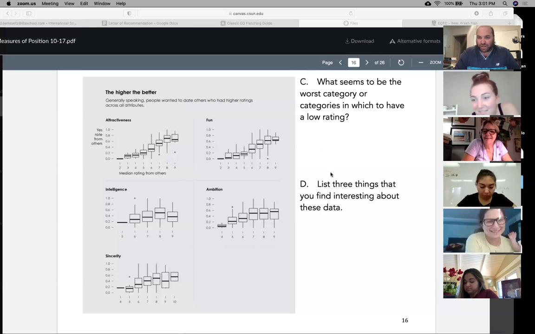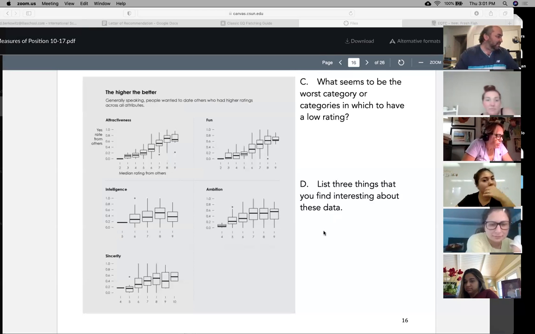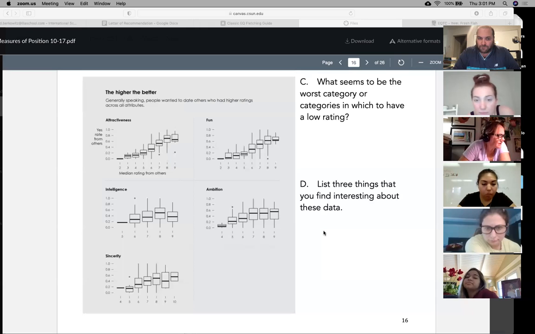Okay. List 3 things about your data, or list 3 things that you find interesting about these data. Three things. Well, one thing, it looks that intelligence, ambition, and sincerity are all kind of the same. Well, the bell curve of intelligence, right?